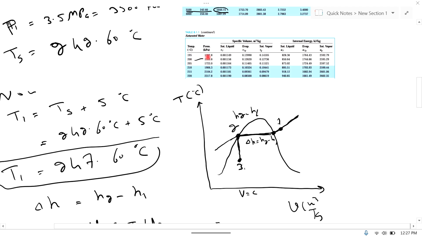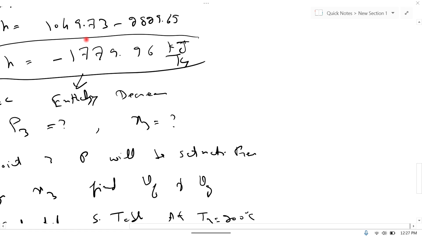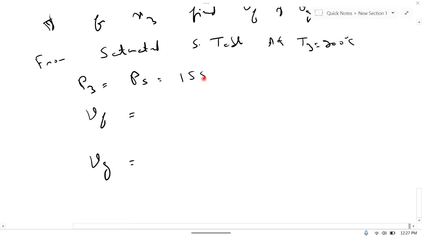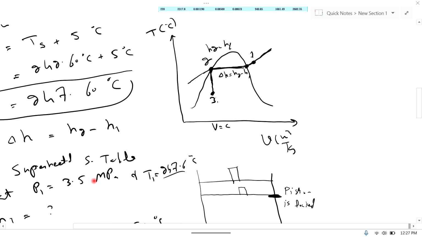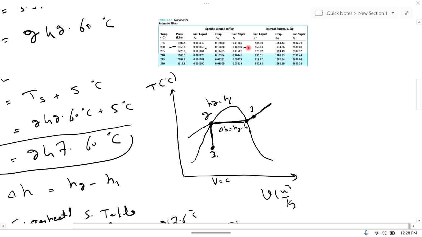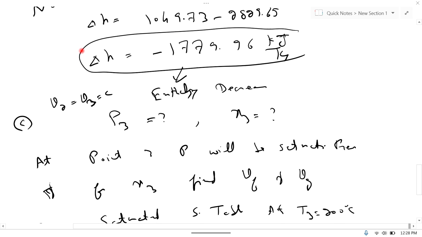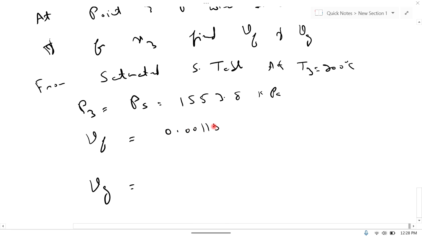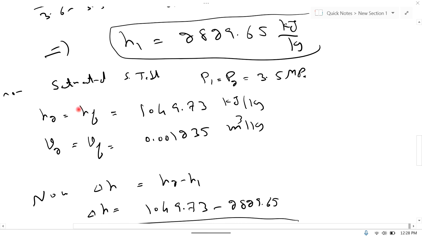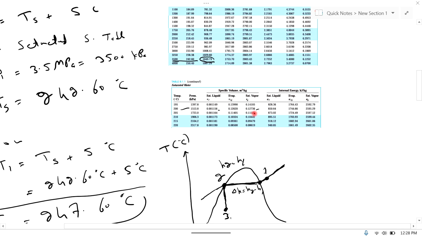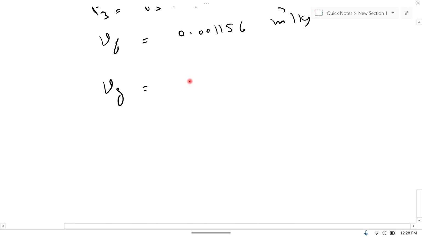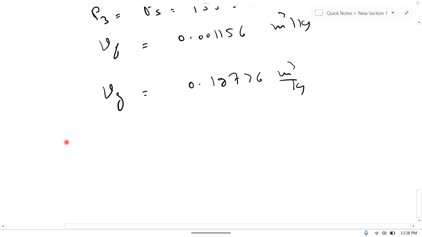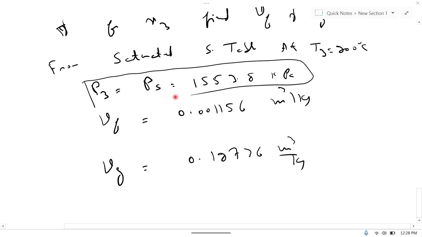At 200 degrees saturation pressure is 1553.8 kilopascal, and VF is 0.001156 cubic meter per kg, and VG is 0.12736. This is PS, and now we can find x3.